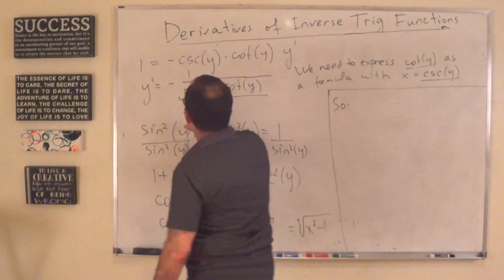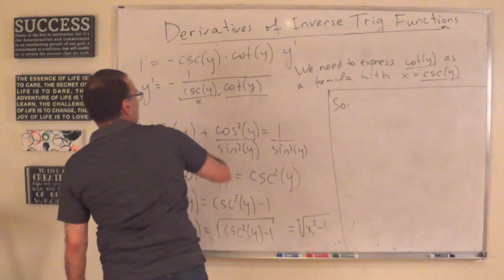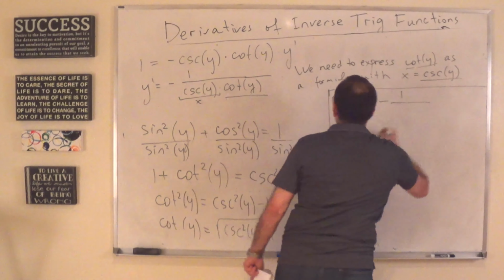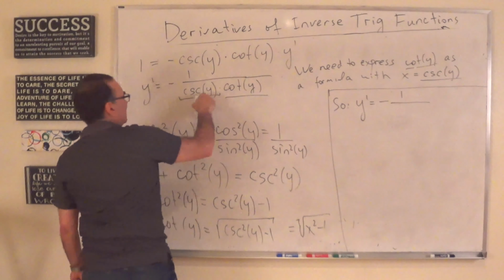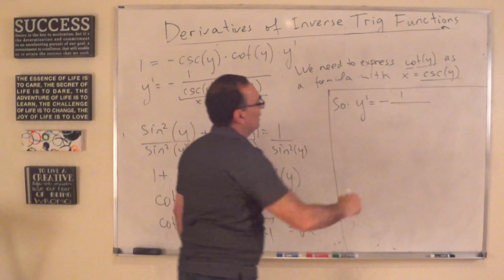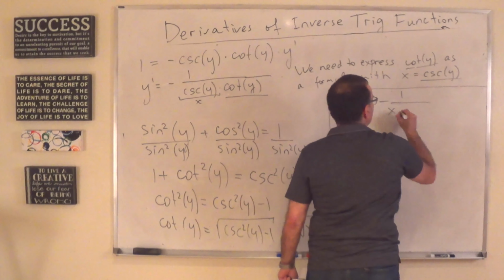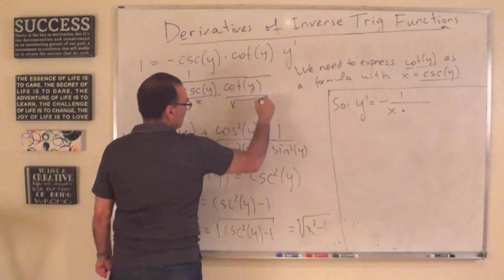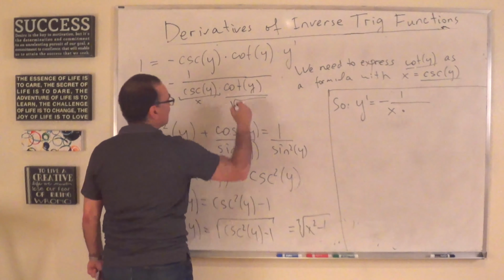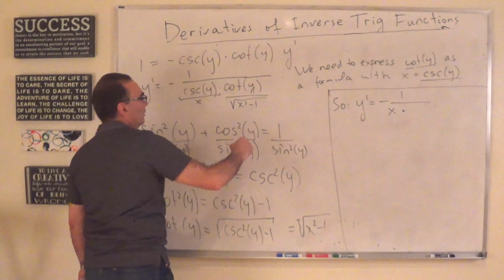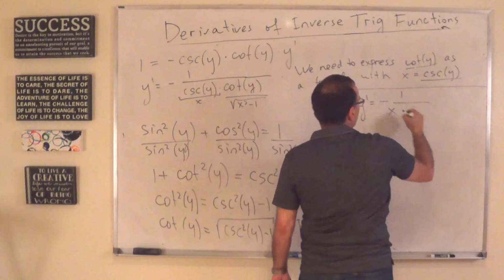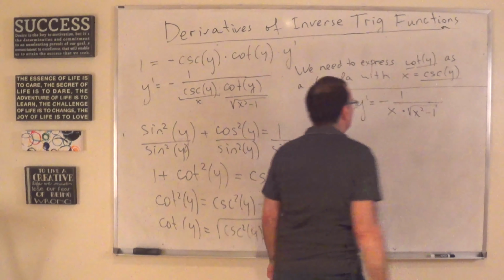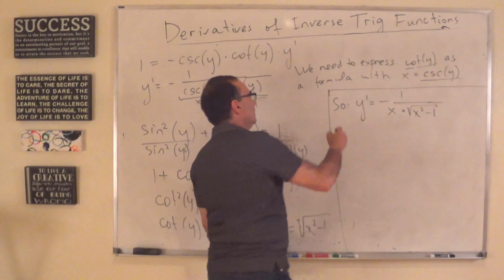And so we have y prime equals negative 1 over. Here cosecant y is replaced with x because cosecant y equals x, then times cotangent y is replaced with the square root of x squared minus 1. So square root of x squared minus 1. And this is the formula for the derivative.